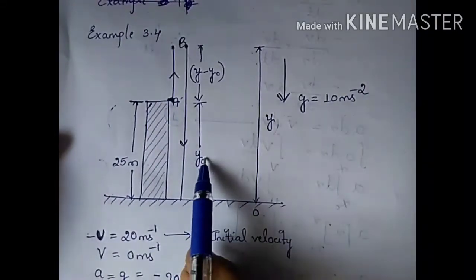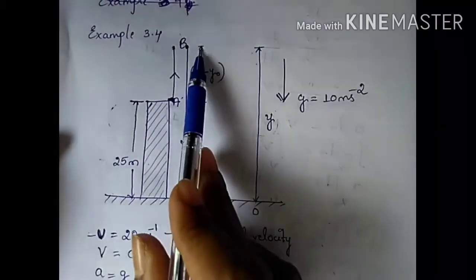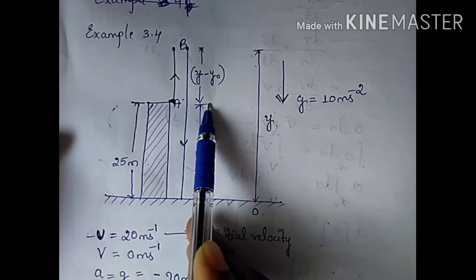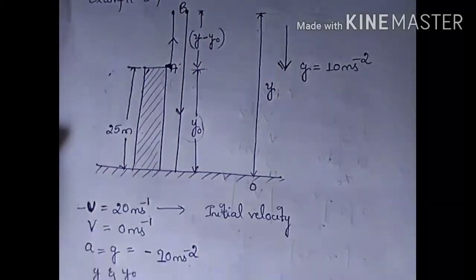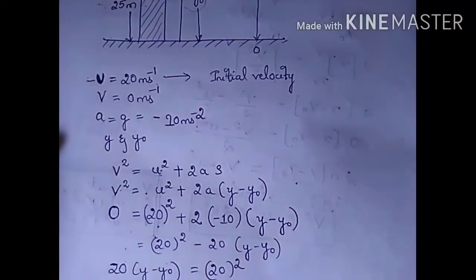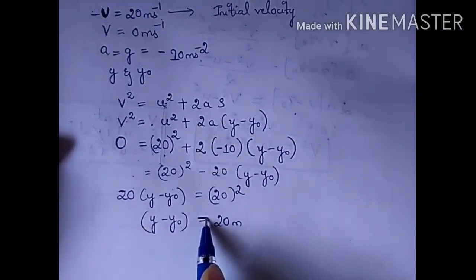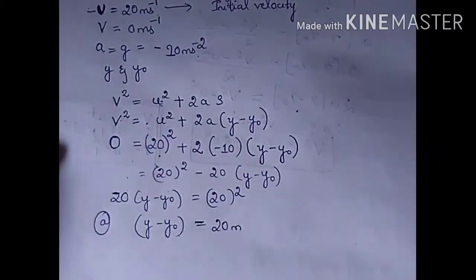So if you subtract y0 from y, you get this distance. That was for the first question, how high will the ball rise. We solved it and got y minus y0 equals 20 meters. So this answer is for the first part.